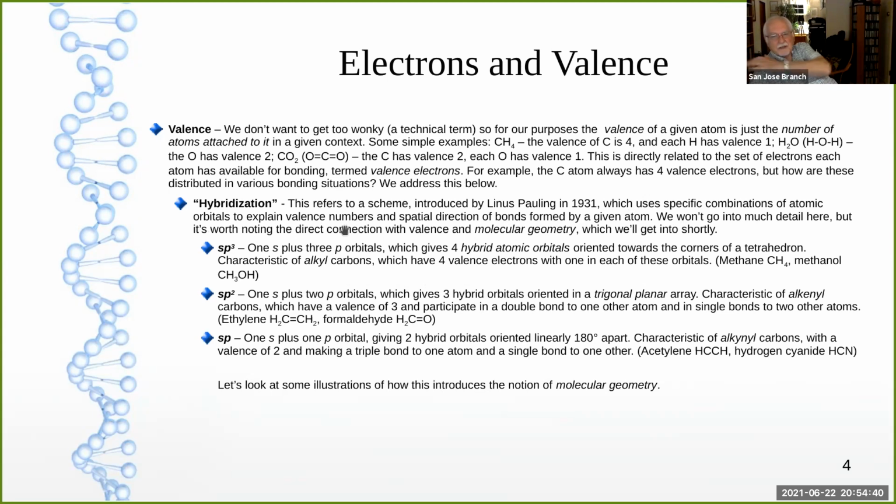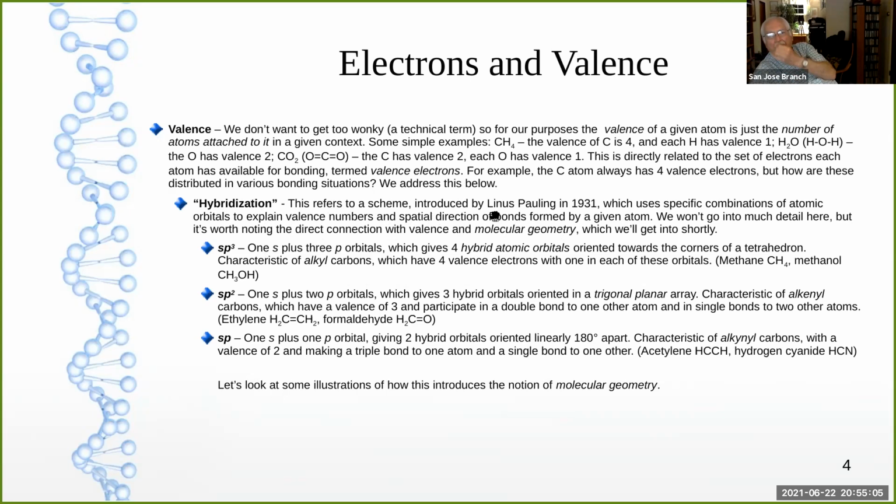I'll only say that they come about from solving the Schrödinger equation for the hydrogen atom. So the solutions to the Schrödinger equation are hydrogen orbitals, hydrogen-like orbitals. And from that, there's a whole set of atomic orbitals that people use to describe atoms and the bonding situations.